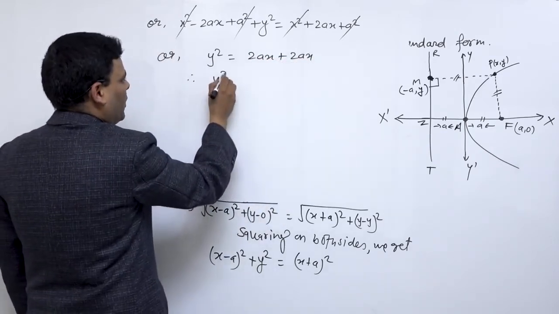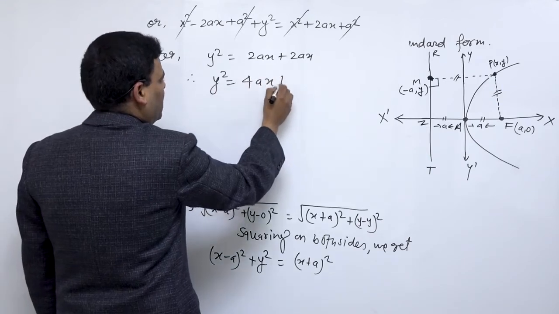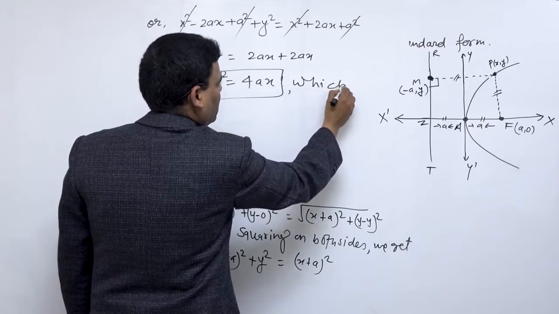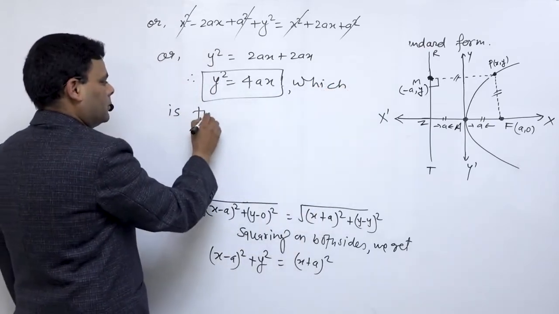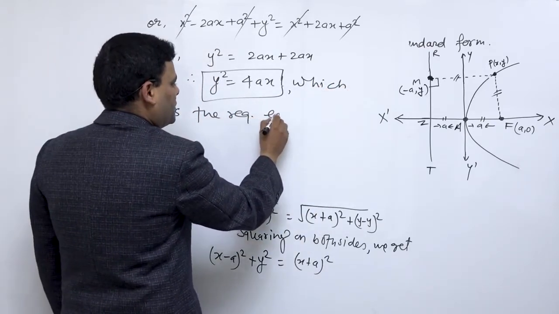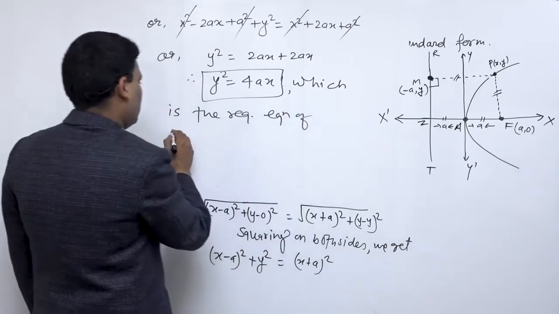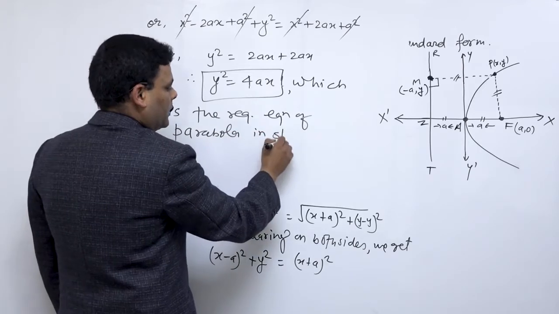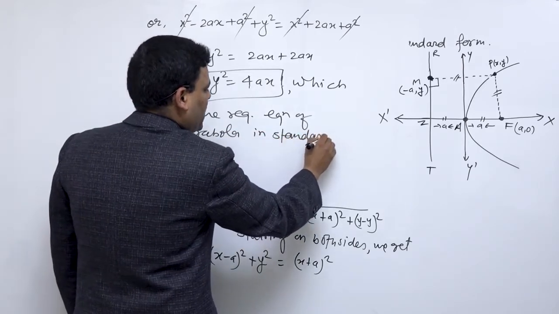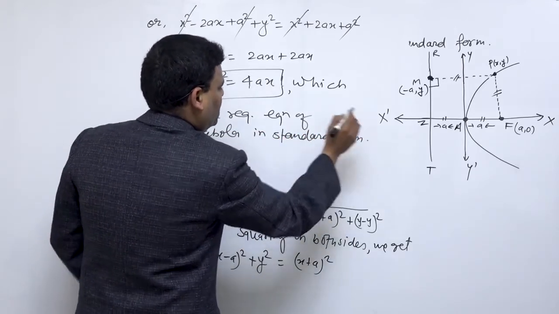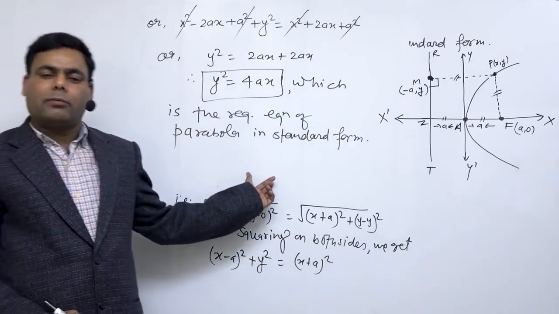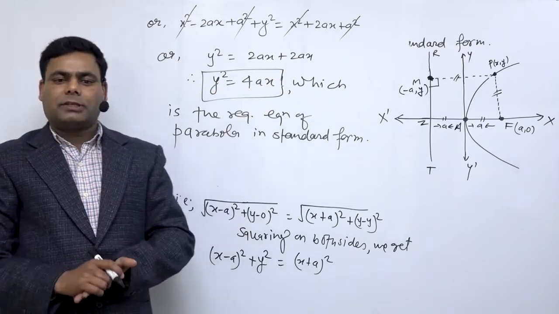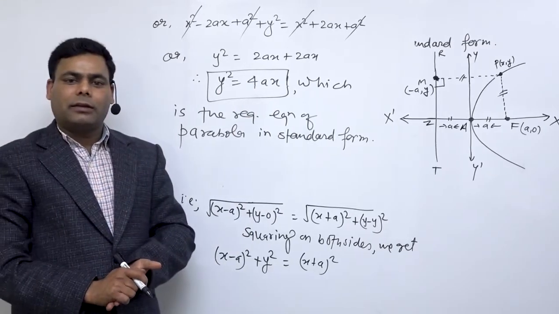Therefore y squared equals 4ax, which is the required equation of parabola in standard form. In this way we can find the equation of parabola in standard form. This y squared equals 4ax is called the equation of parabola in standard form.